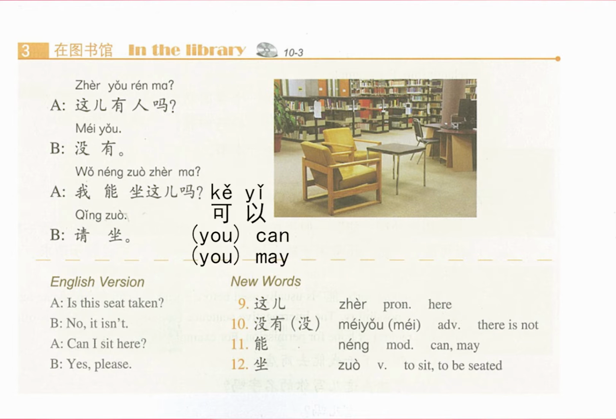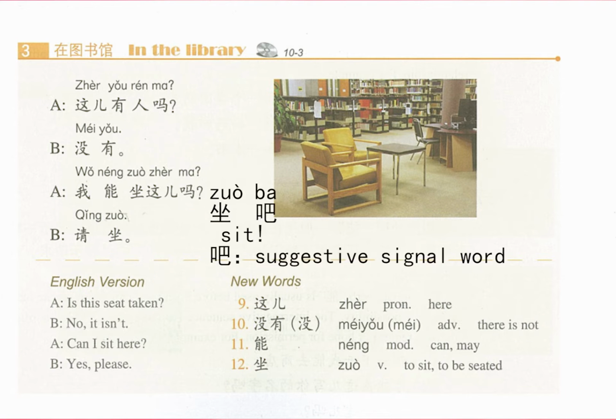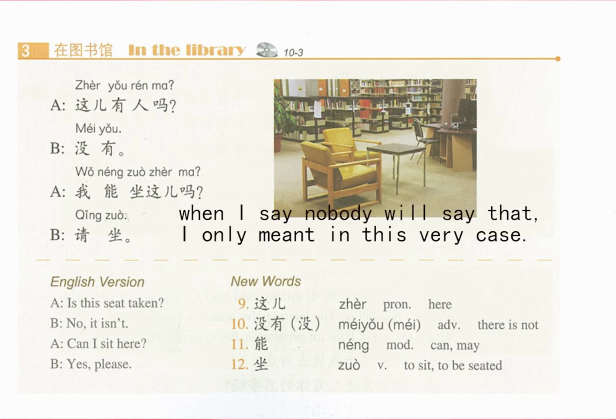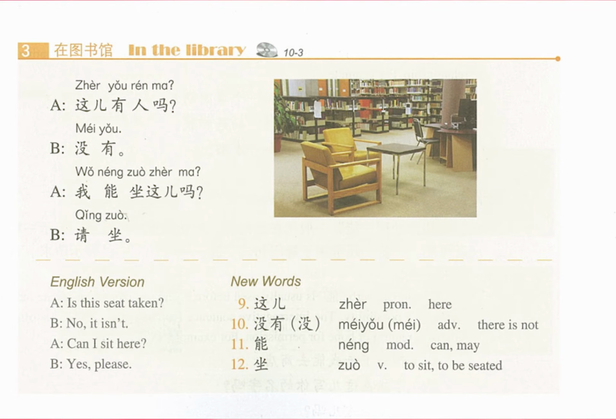I would just say 可以, which means you can. I don't even need to say 你可以. I just say 可以. Or I just say 坐吧. It's like, yeah, take a seat. We don't say 请坐. I can guarantee you that nobody will say that in real life. It's just textbook, totally not authentic, but anyway, I'm teaching this book.